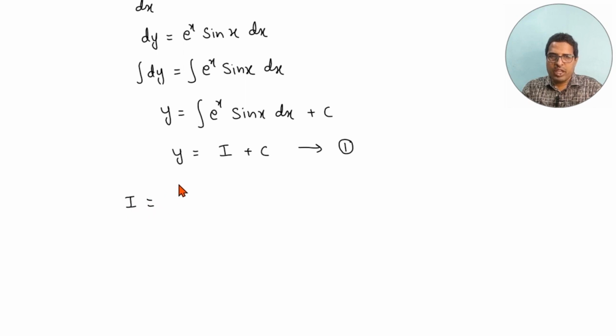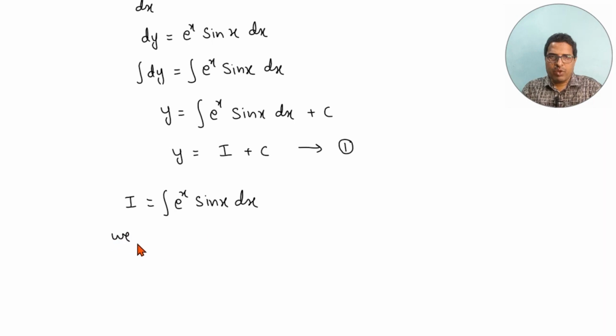So let me take I = integral of e^x sin x dx. Since under the integration we have the product of two functions, we need to integrate this using integration by parts.